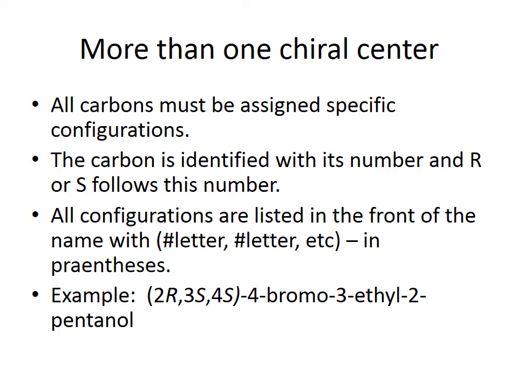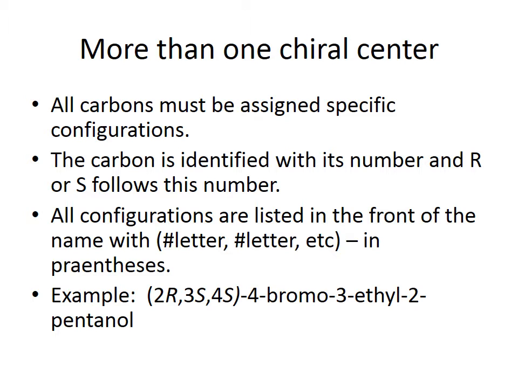Now, there are some compounds that will have more than one chiral carbon. So you might have two chiral carbons. Each carbon has to be assigned a specific configuration, like we did with that molecule that had two chiral carbons. When we go to name them, we have to identify the chirality of each of those carbons. So what we do is we write the number and follow with R or S, and then we write the next number and follow with R or S. And so you see number, letter in front of the name.